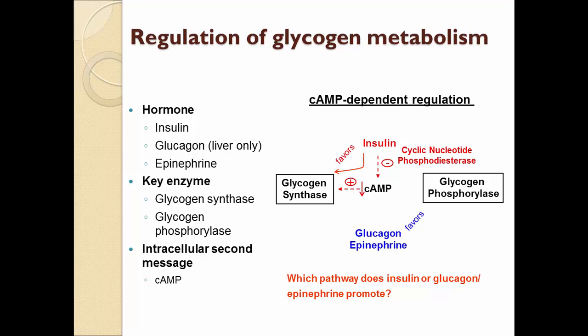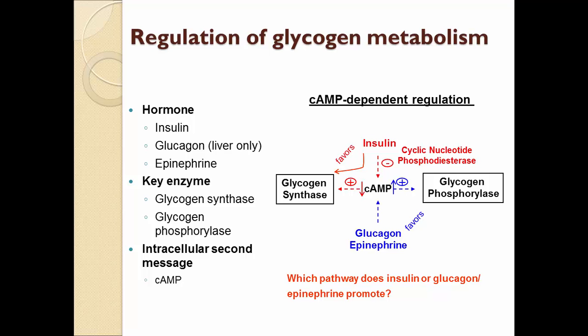And during the fasting, because glucagon and epinephrine levels increase, and these two hormones can increase the cyclic AMP levels. I use the blue to indicate the pathway stimulated by glucagon or epinephrine, and red is the pathway stimulated by insulin, right?